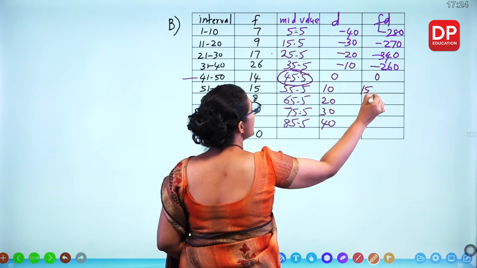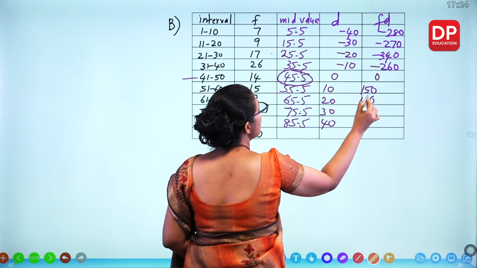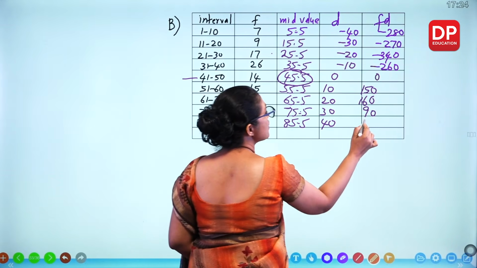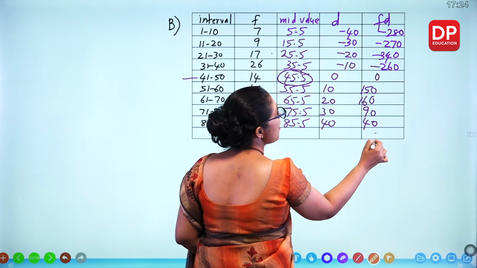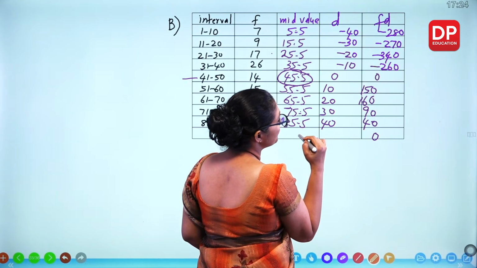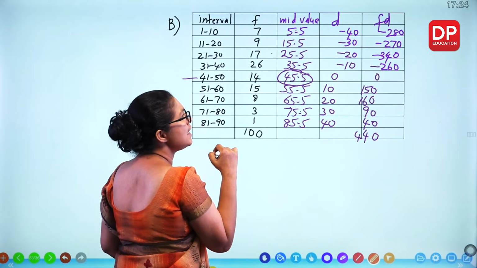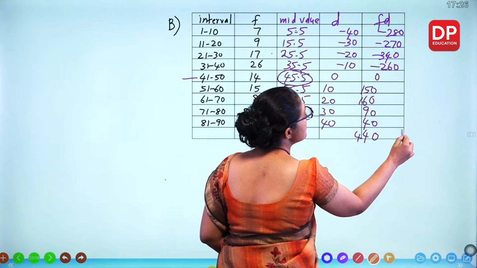Positive numbers 150, 160, 90 and 40. Add the positive numbers, you get 440.